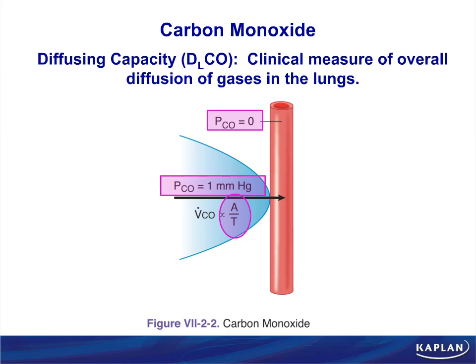So we know carbon monoxide is dangerous, but we use just a little, and therefore we can calculate carbon monoxide uptake, and we know that it will be proportional to the area over the thickness. Fick's law of diffusion. So again, your clinical marker of diffusing properties of the respiratory system.